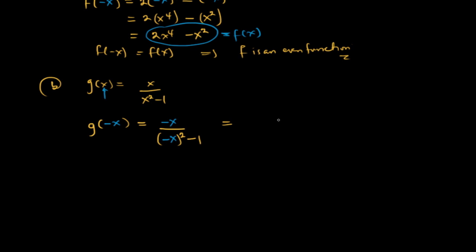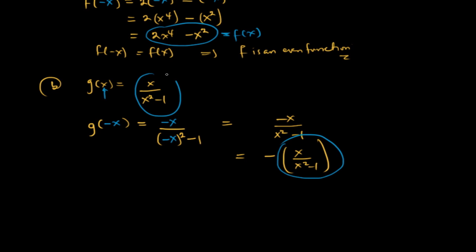Now this is going to give you negative x divided by, since negative x all squared is x squared, x squared minus 1. This could be written as negative into x all over x squared minus 1. You'd observe that what you have here is the same thing as what you have here. So this equals negative g of x.